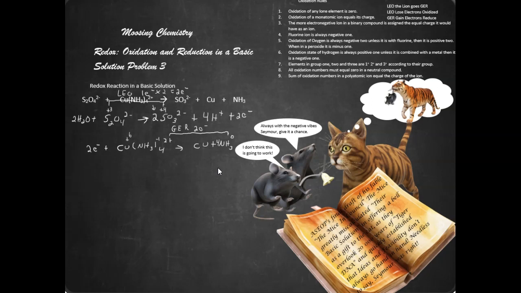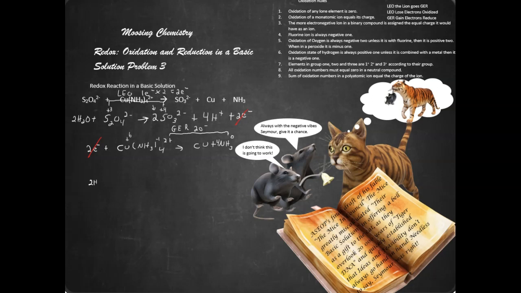All right, now, to clean this up a little bit, to make it a lot easier to see, we're going to go ahead and cancel our electrons out. Now, this makes it a lot easier when we're going to combine the equations. So next thing we're going to do is combine these equations, okay? So what we have so far is this.